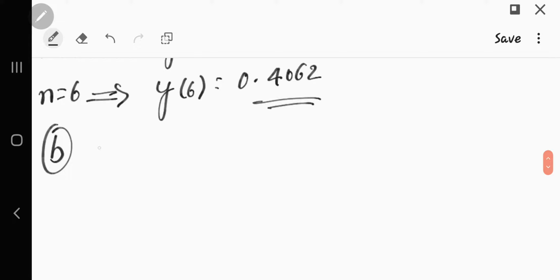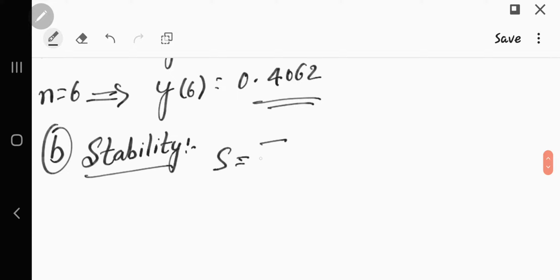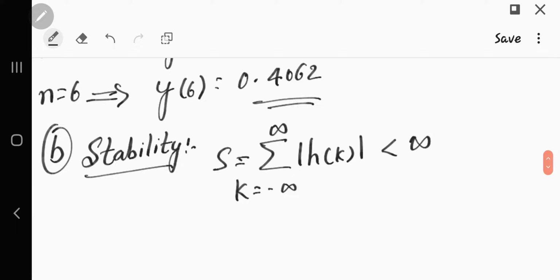So for a system to be stable, the condition is summation k equal to minus infinity to plus infinity of h of k, the impulse response, should be less than infinity. Or it says that the impulse response should be absolutely summable, then only the system is stable.